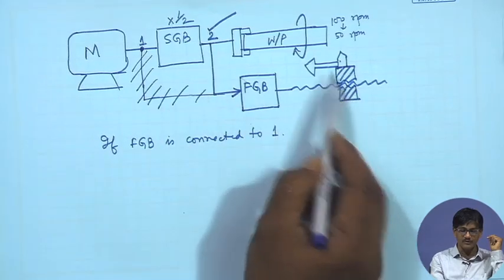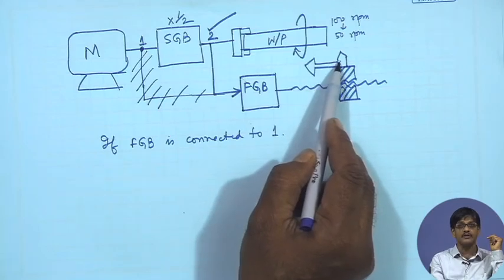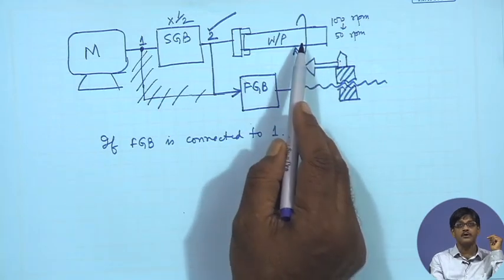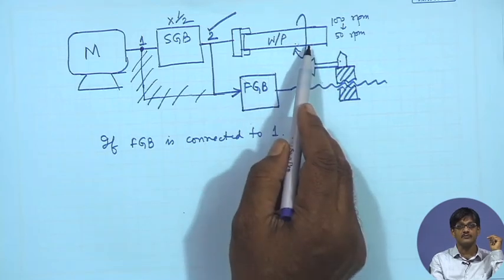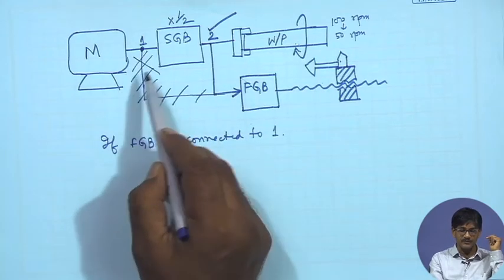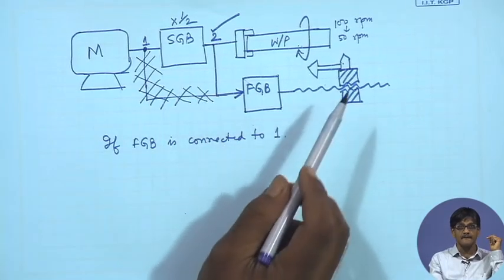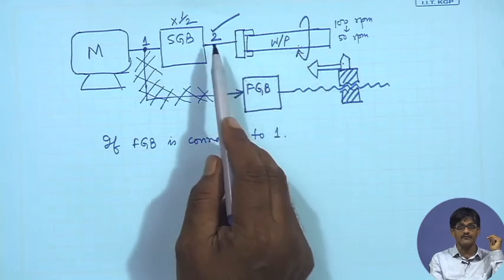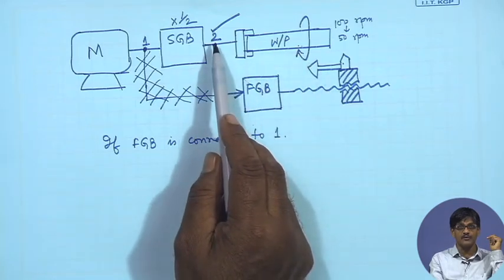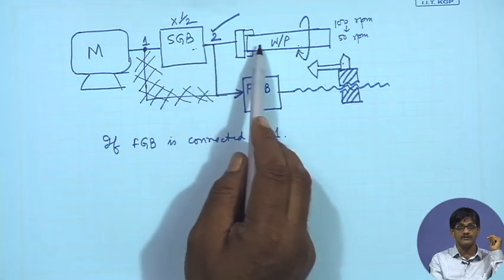What are you doing here? You are cutting a thread. How is thread pitch defined? Thread pitch is defined by the linear motion of this one per rotation of this. Here is that relation that we are talking about. So, the first thing we notice about the location of gearboxes is this: whenever you are relating some motions, always have the bifurcation of power after the gearbox which is defining the motion of the first one.